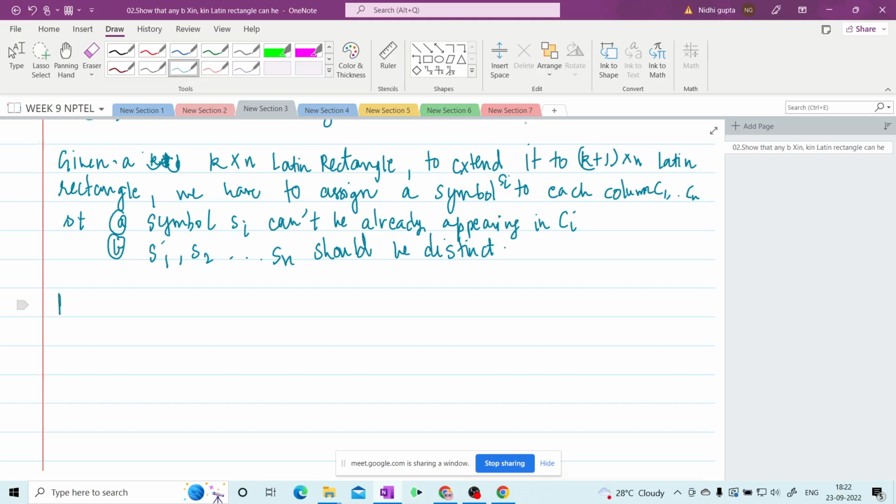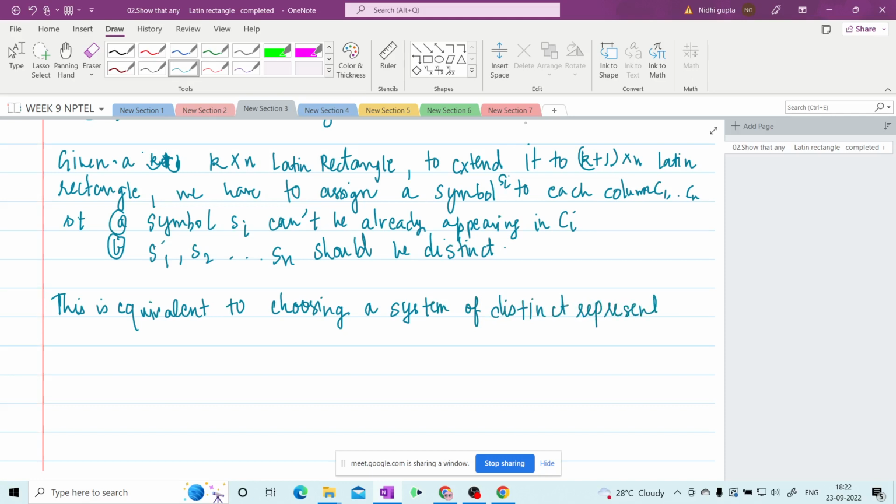So this is equivalent to choosing a system of distinct representatives, where each representative denotes the symbol that we should assign to a column.